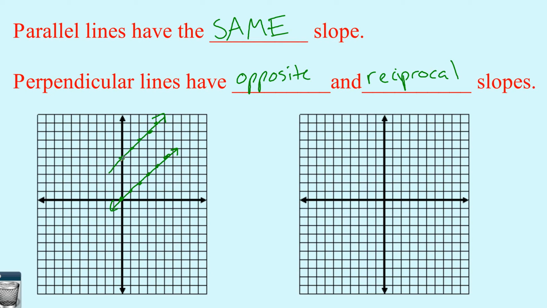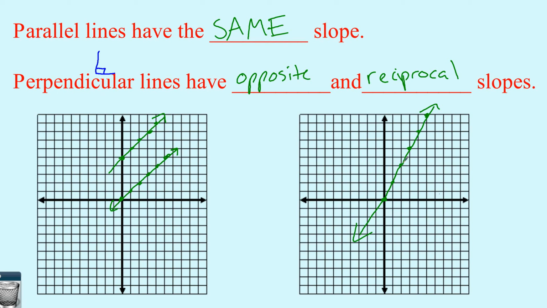Okay, for perpendicular, you graph something like, let me do something different. Let me do 2. So a slope of 2. All right, here you have a positive slope. Now if I want a perpendicular line, hopefully you remember that perpendicular means you form a right angle.